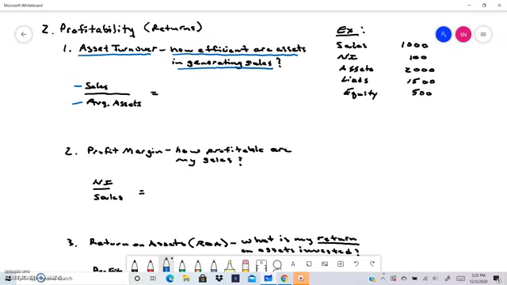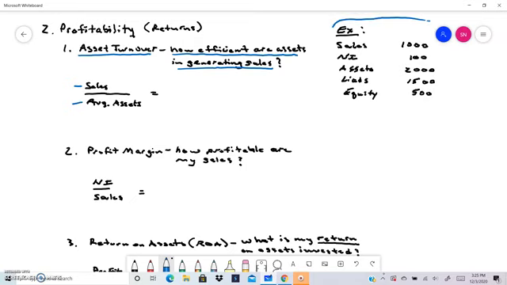Obviously, we're trying to generate as many sales as possible, so it's not like we can just automatically generate 50% more sales. On the other hand, we do have some control over assets. We can configure our business differently. And we just saw inventory is an asset where we might have too much inventory, purely because we've mismanaged inventory. So we do have the ability to control that number.